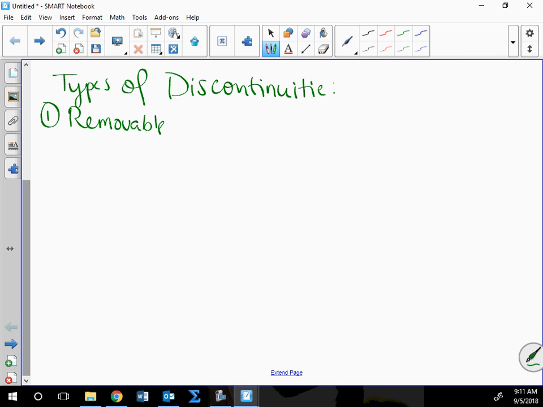So that's going to be your hole. So we have that hole, in layman's terms, if I were to trace it, I'd have to lift my pencil across it. When we're looking at an equation in which there is a removable discontinuity, what does that mean?